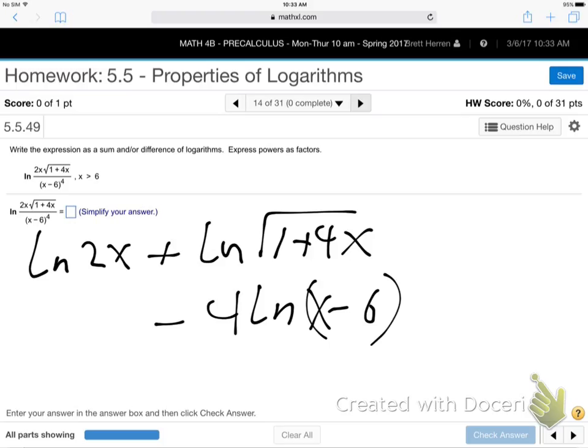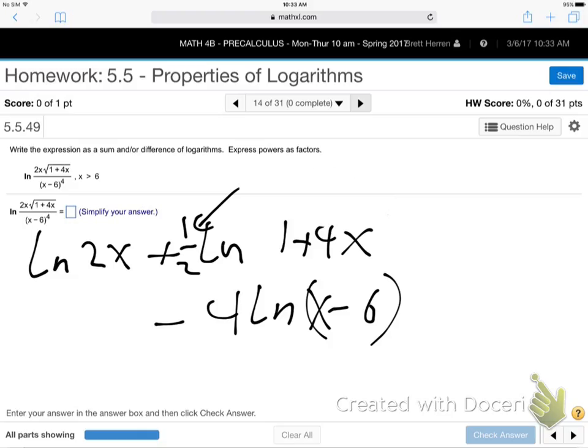And then I can do the root thing also. Good so far? This root, as you know, is a half power. So just bring that half power in the front. So just stick a half here. Everybody good with that? And then just get rid of the root.